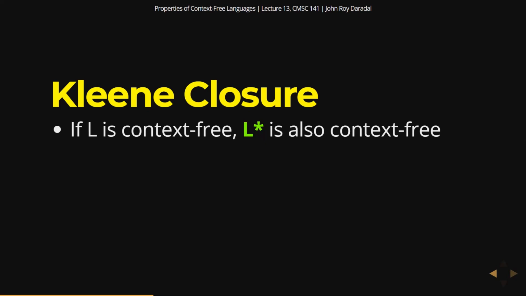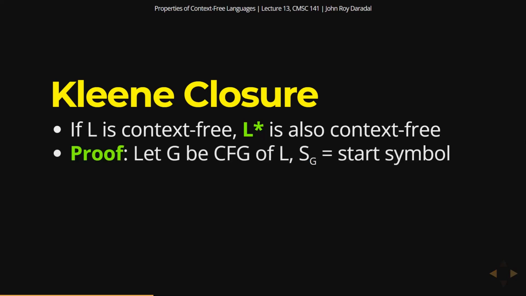Next, we have Kleene closure. If L is context-free, then L star is also context-free. We'll still use the grammar of L. Let's call it G, and let SG be the start symbol. We'll just make another CFG starting with the start symbol S and add this production. Since it's L star, it's zero or more copies of the same language, right?